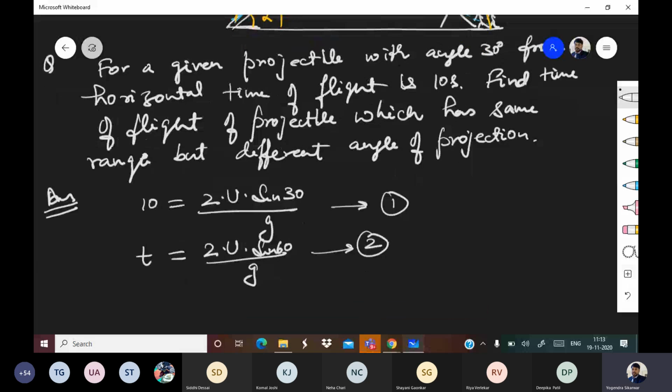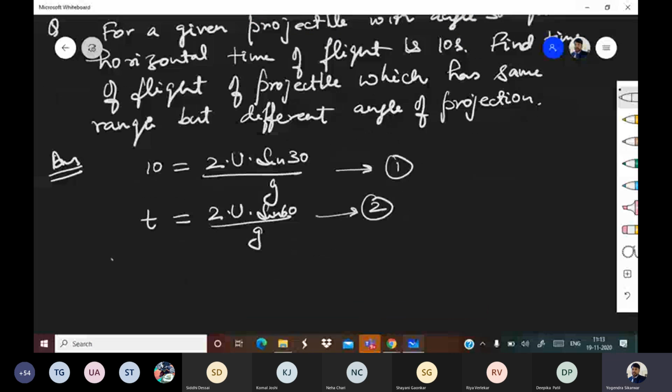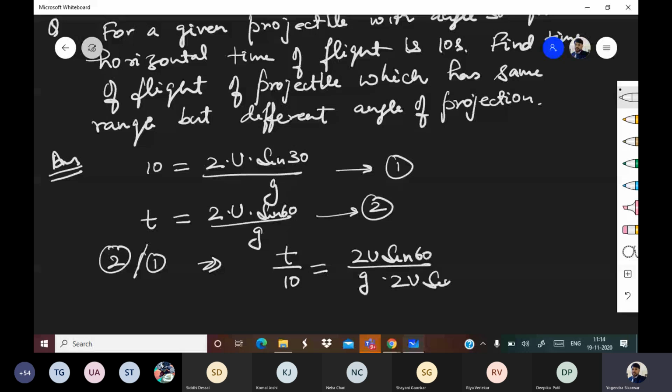This is equation number 2. So let us divide 2 by 1. So 2 by 1 is t upon 10 is equal to 2u sine 60 by g upon 2u sine 30 by g.